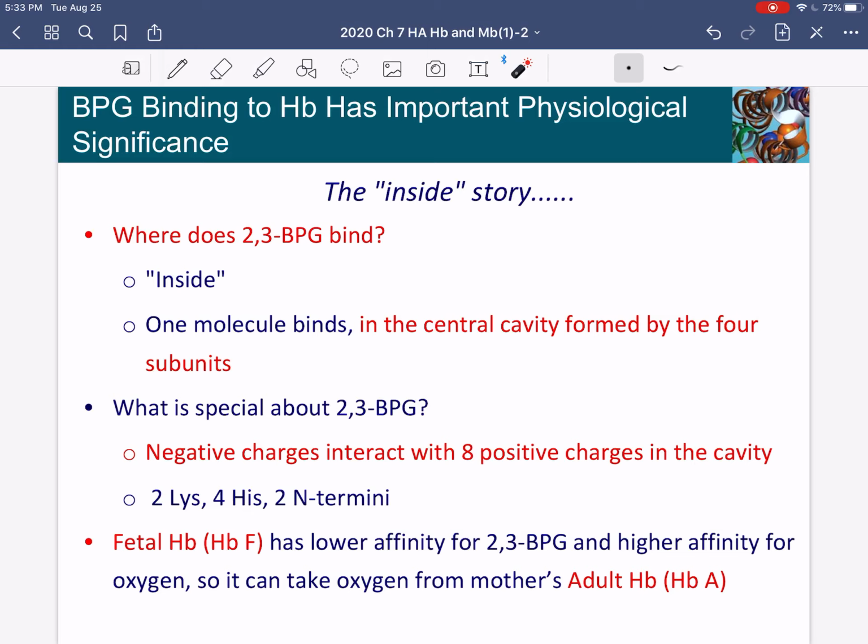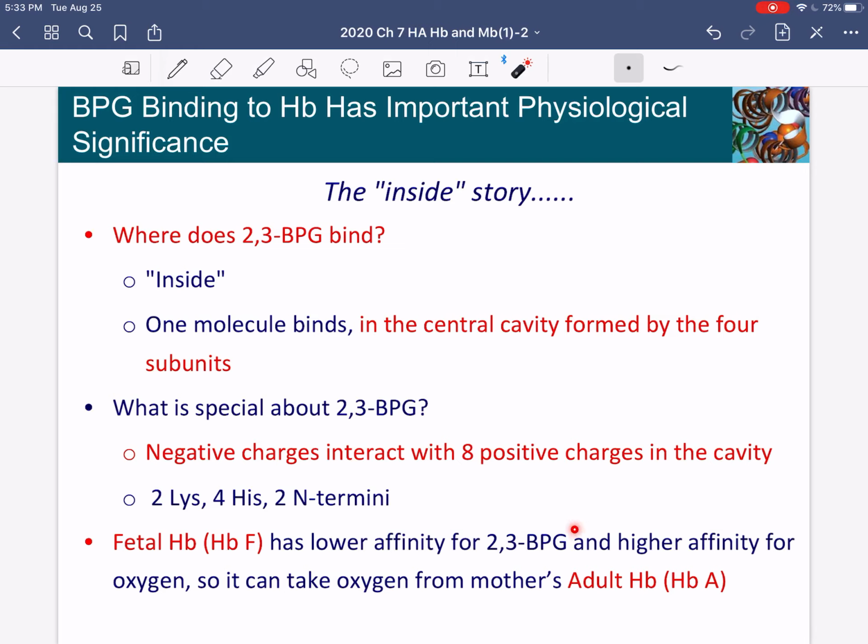Because we're in the tissues, we're at the point where the hemoglobin is going to be releasing oxygen. So why doesn't the fetal hemoglobin also release oxygen? It's going to be binding more tightly to oxygen than the mother's because it has a lower affinity for BPG.